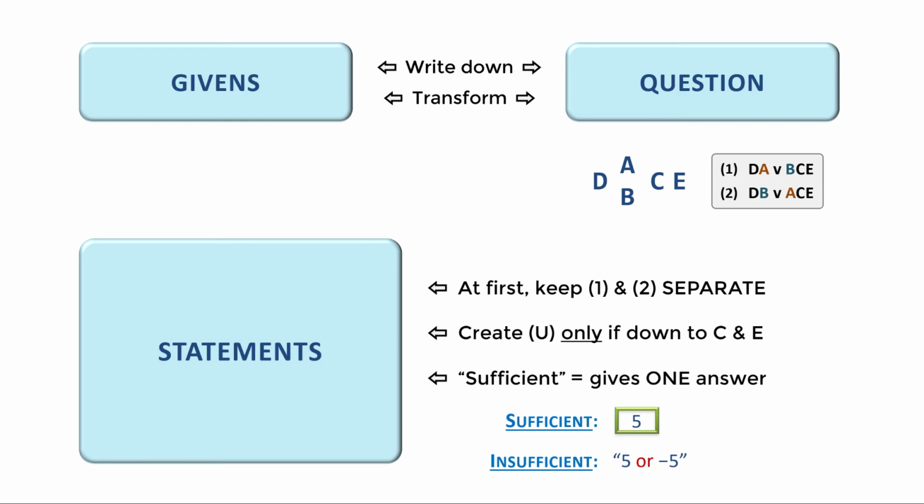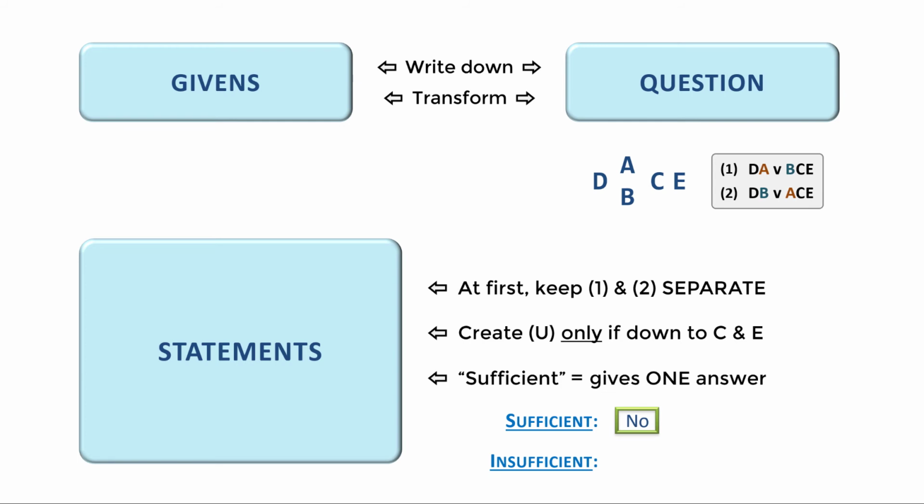Not every question asks for a number. There are also many yes or no questions, such as, is X positive? For such questions, a statement that says yes is sufficient. But there's nothing special about yes. A statement that said no would also be sufficient. The key is that the statement gives a single response.